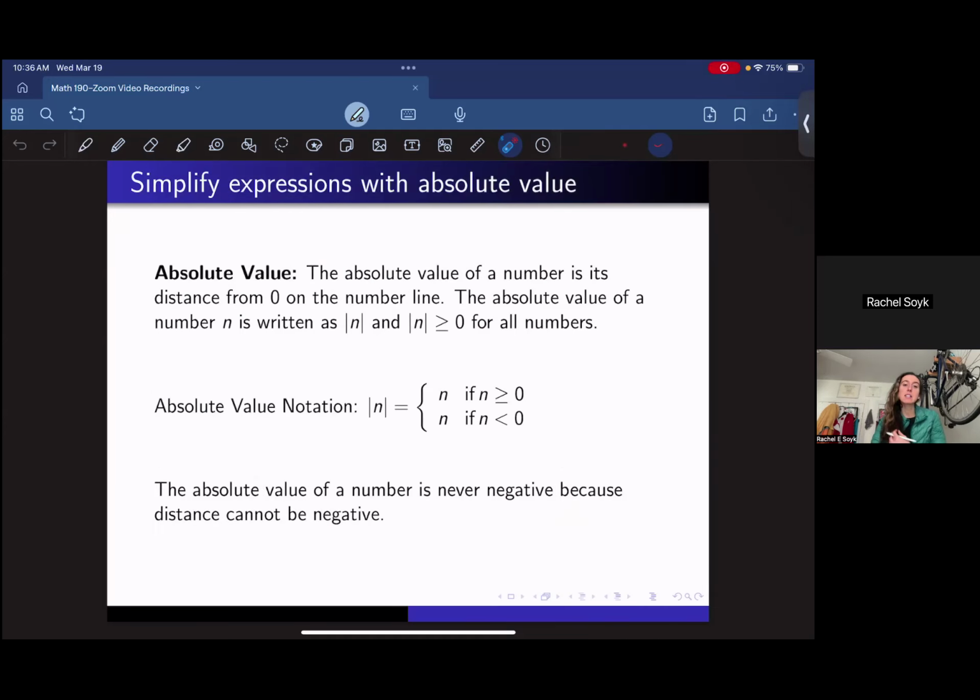Our second slide is going to just formalize our definition of absolute value. But in short, anytime you're thinking absolute value, you want to think of distance away from zero. And what do we know about this distance? Distance is always positive.